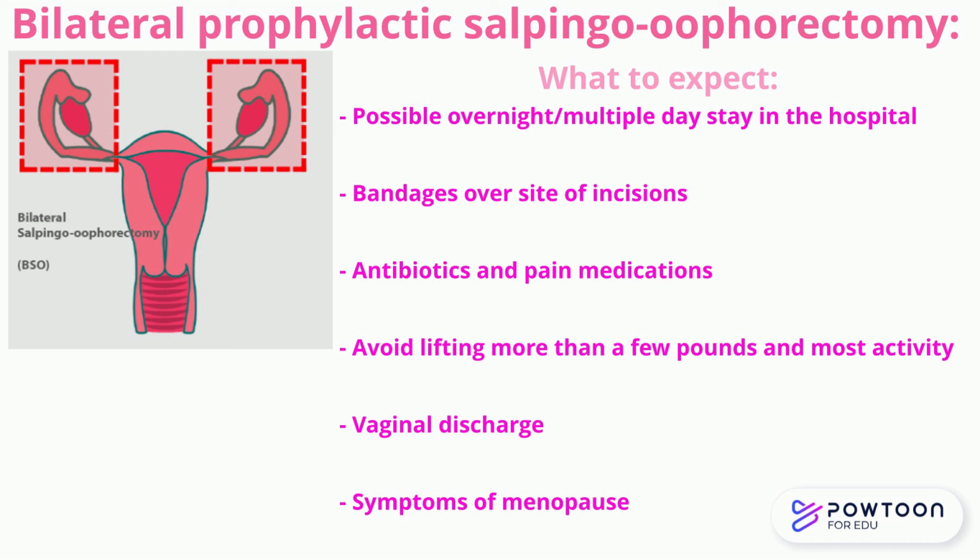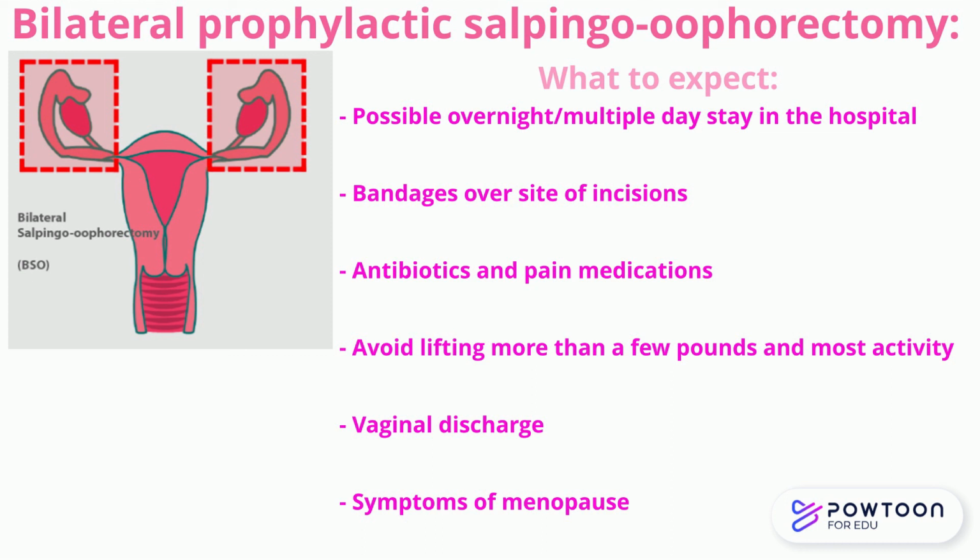Your doctor may prescribe antibiotics to prevent infection. You may also need pain medication, especially if you have an open surgery. You'll be instructed to avoid lifting more than a few pounds or engaging in strenuous exercise for a few weeks. Expect some vaginal discharge following surgery, but avoid tampons and douching.